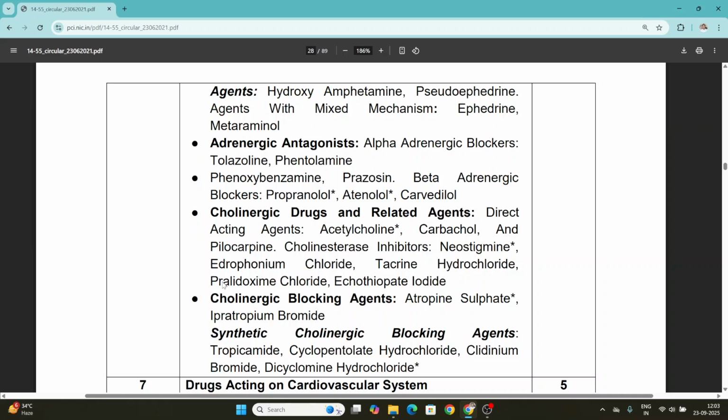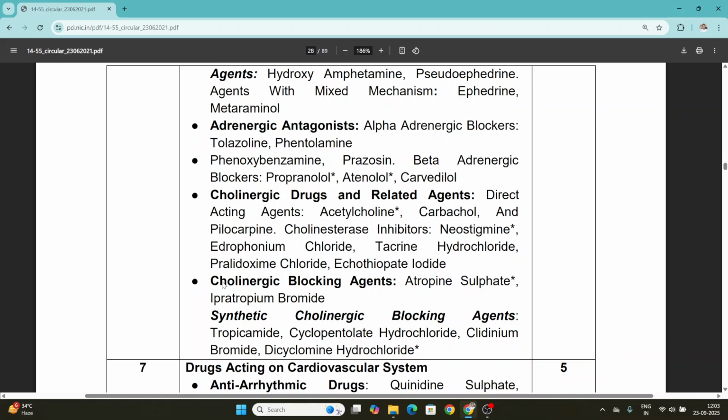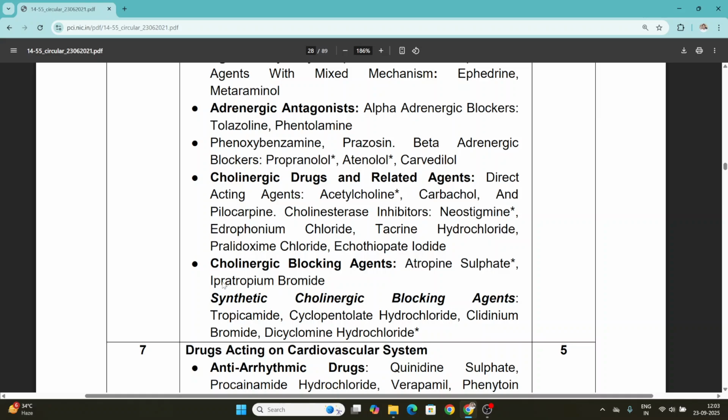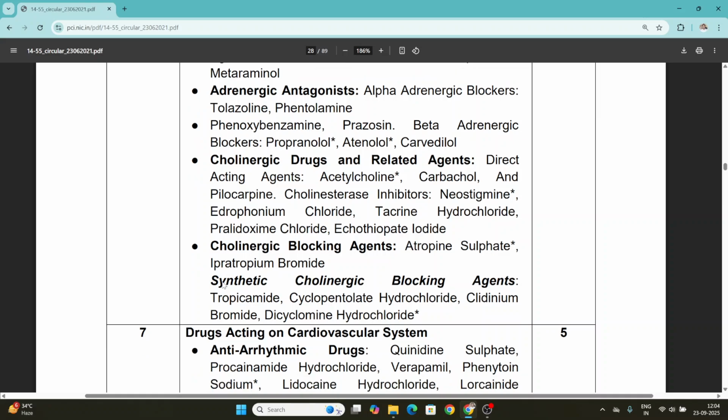Cholinergic drugs and related agents: direct acting agents: acetylcholine, carbachol and pilocarpine. Cholinesterase inhibitors: neostigmine, edrophonium chloride, tacrine hydrochloride, pralidoxime chloride, ecothiopate iodide.